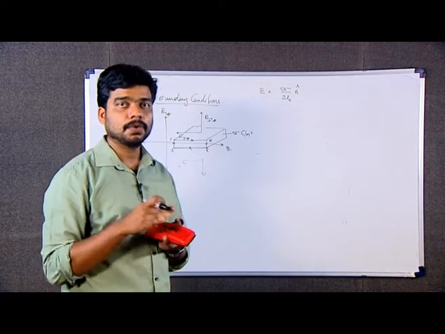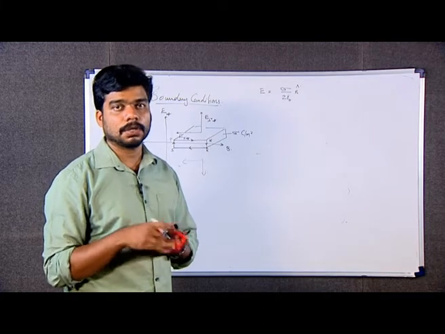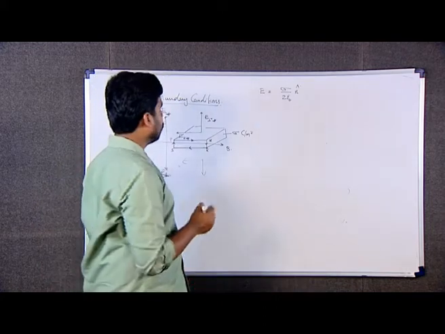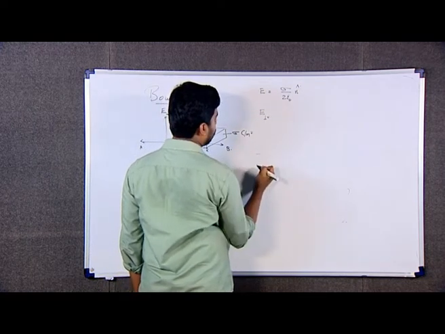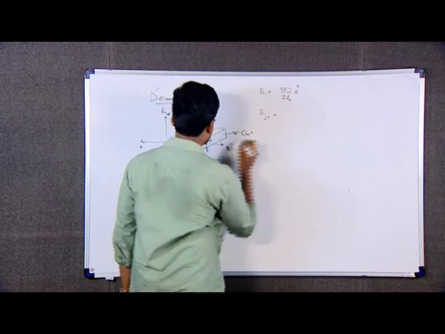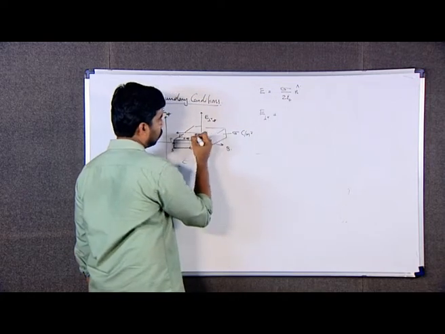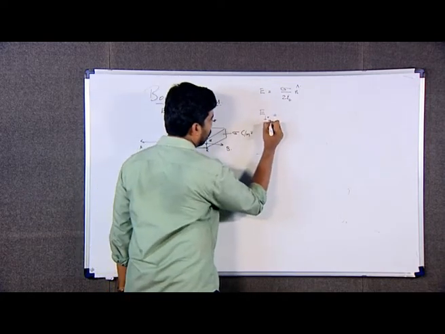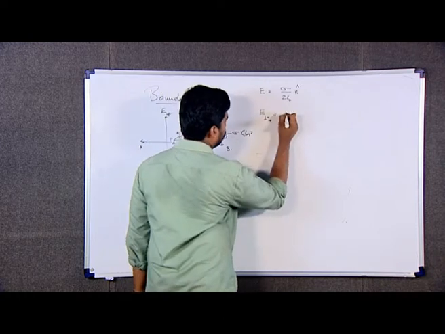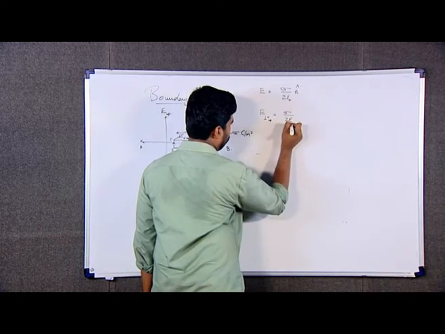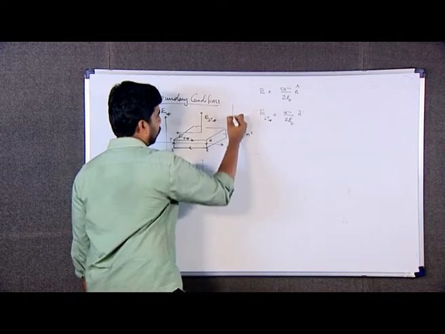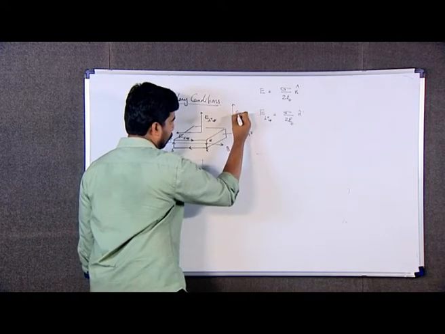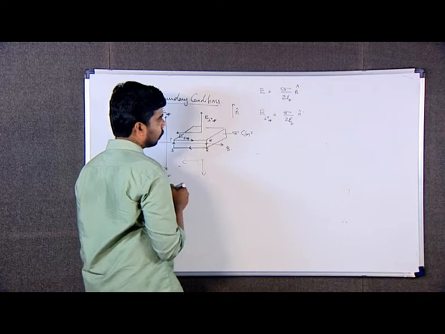E is equal to sigma by 2 epsilon 0. So what about the E perpendicular component? For this thin sheet of charge, the E perpendicular up component is equal to sigma by 2 epsilon 0 into n cap. Remember, I am setting this n cap in this direction.